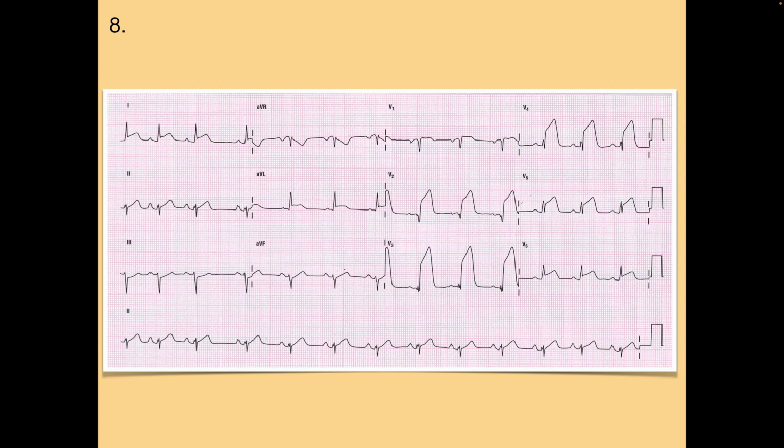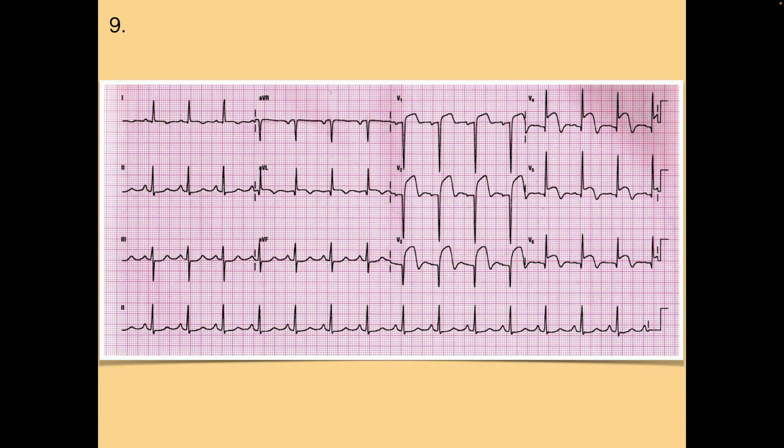Okay, I see elevation in 1 and in aVL and V2, V3, V4, V5, and V6. So what would you call that? Septal anterior lateral. Perfect. Questions?